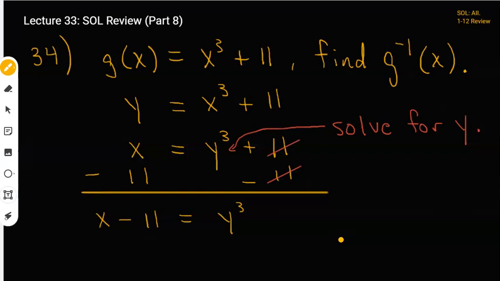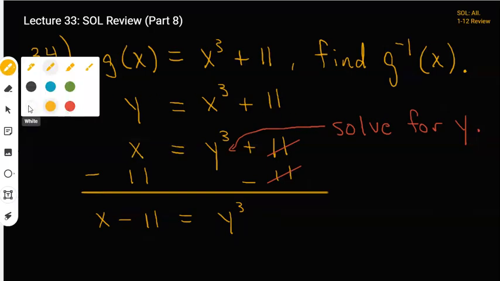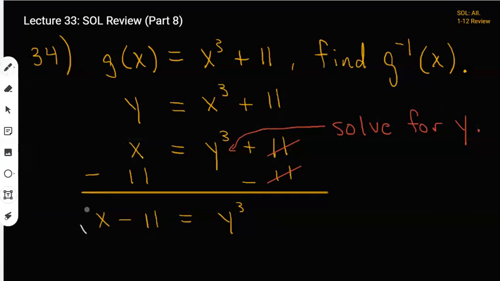So now the only thing I have left to do is get rid of this 3. But it's a cube, right? Exponent 3. How can I get rid of this 3? What can I do to both sides? How do I get rid of a 3 if it's up here? I can do cube root, right? So I'm going to take the cube root of both sides. The left side like that, and the right side like this.